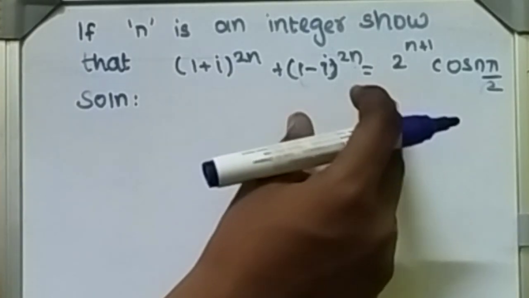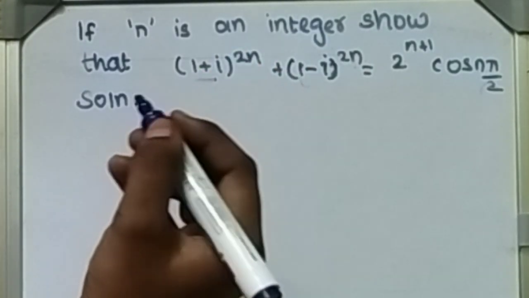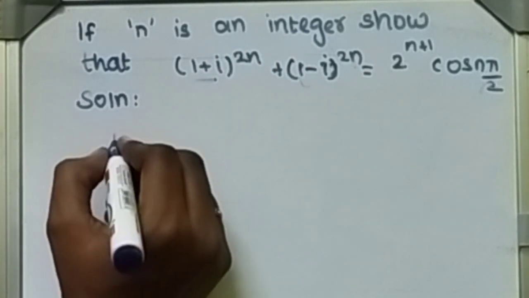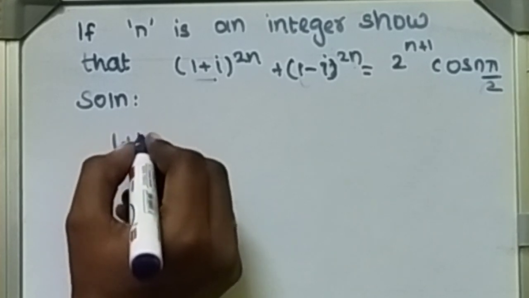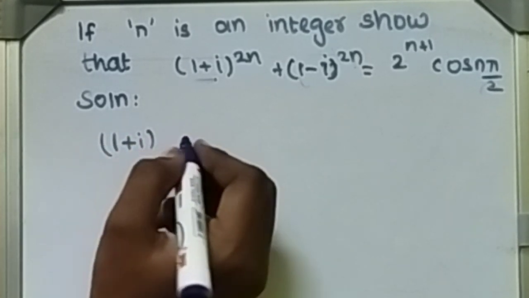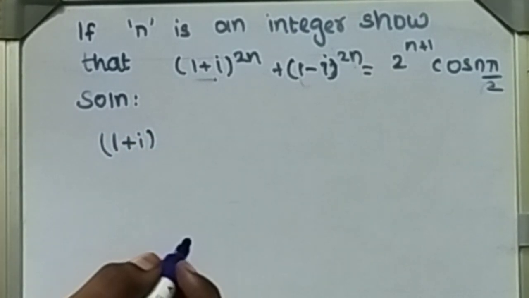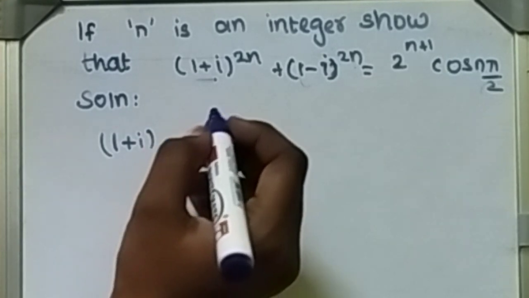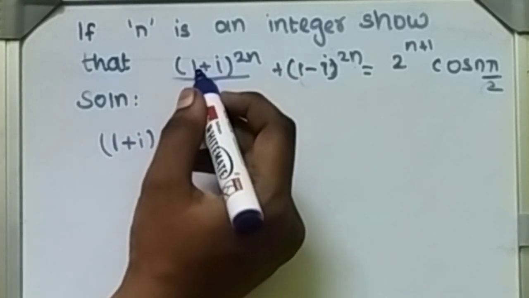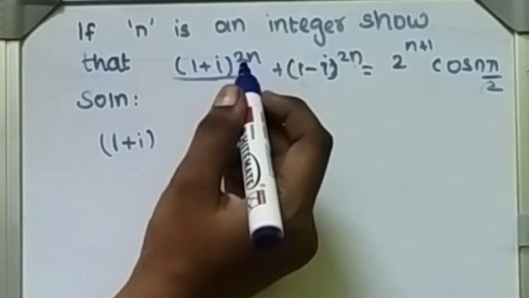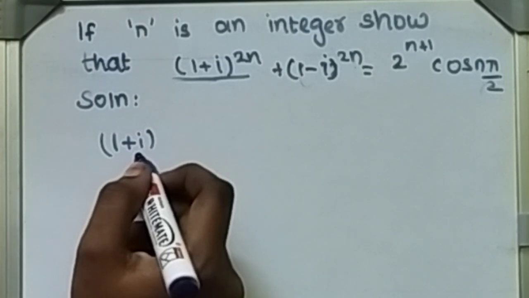To solve this I am going to take this part alone and we are going to do it step by step. So I am going to take 1 plus i, because what I want is (1+i)^(2n). Initially I take 1 plus i.